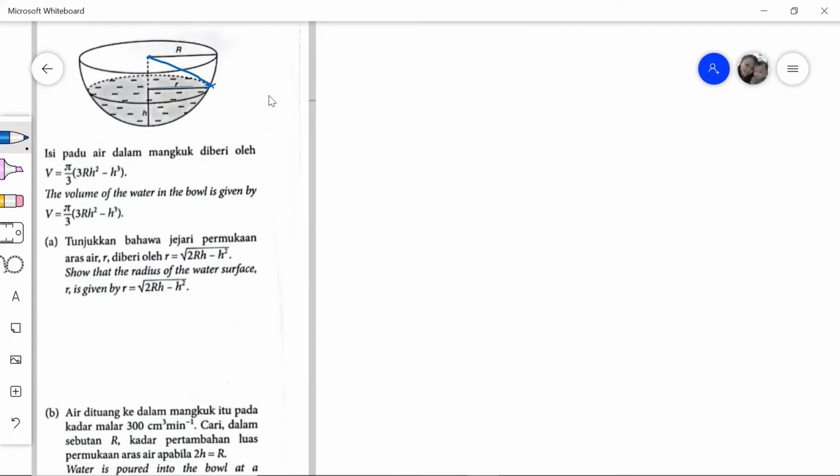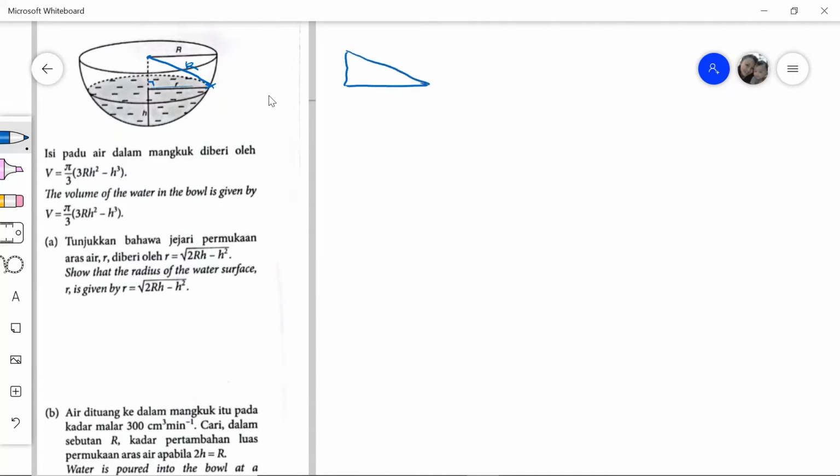So over here, we will have the right angle triangle, whereby the line that I just drew is the radius of the hemispherical bowl. Okay, let's just take that triangle out.